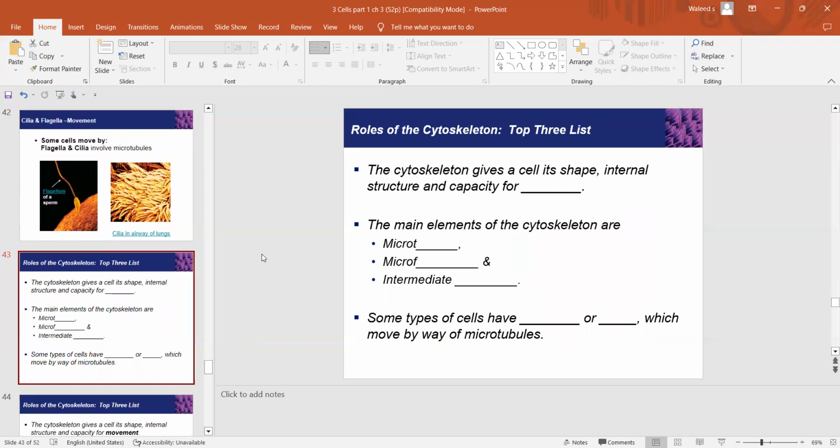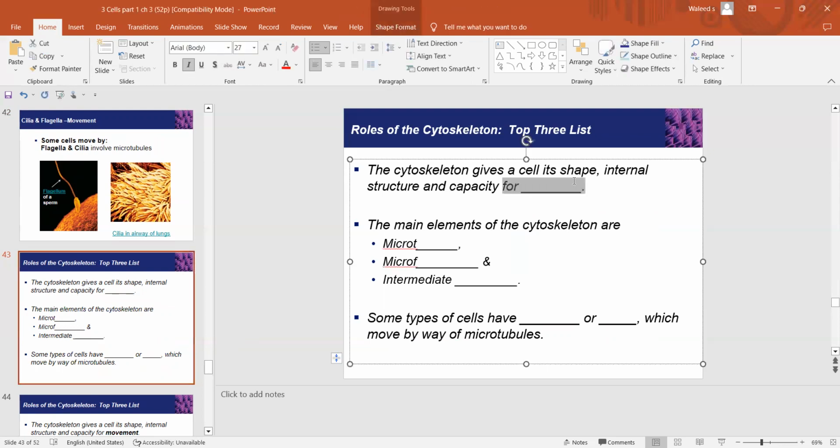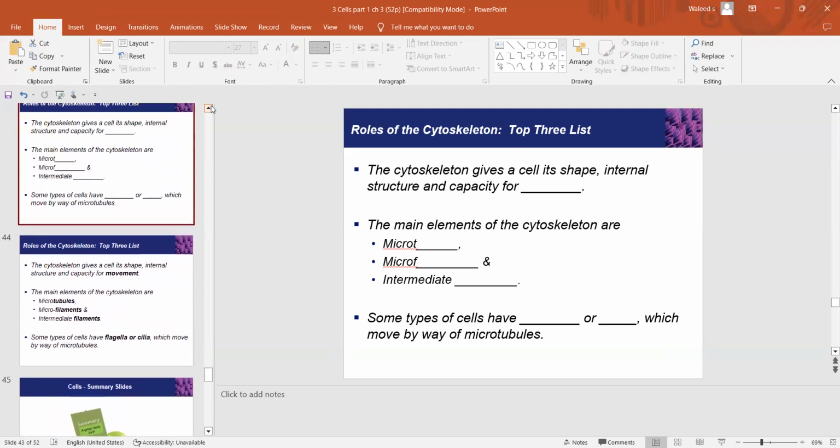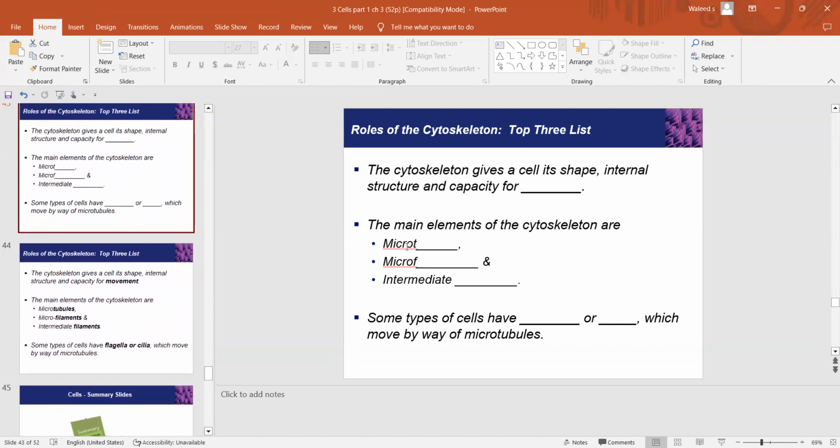Here is a revision of what we talked about. You should be able to answer it. Cytoskeleton keeps the shape of the cells and the internal structure, and gives them the capacity for movement. So shape is one, keeping internal structure is one, and the third one is movement. What are the three types?